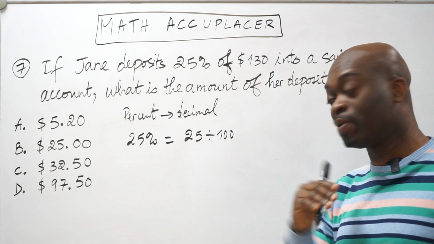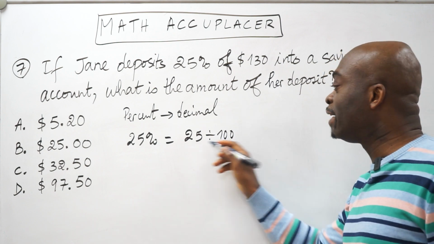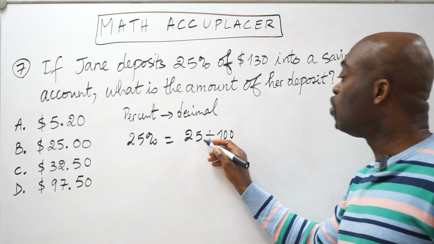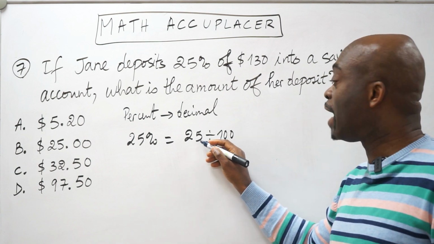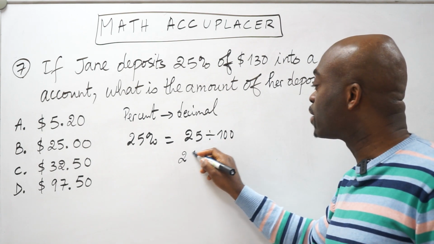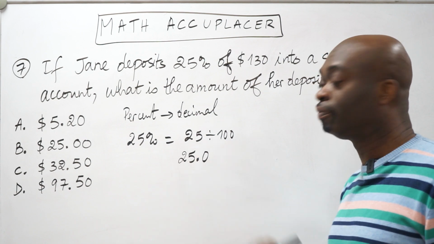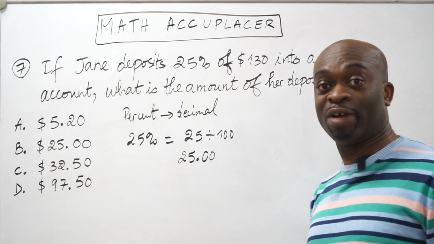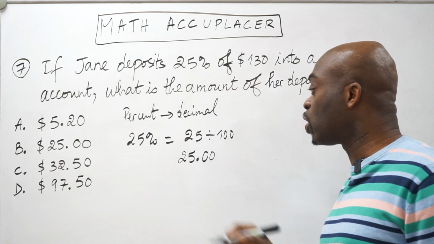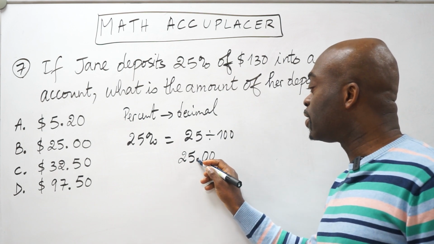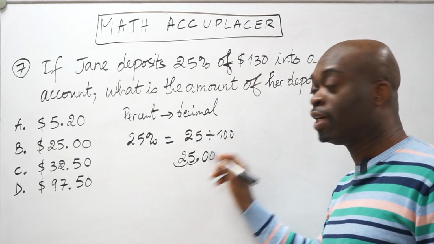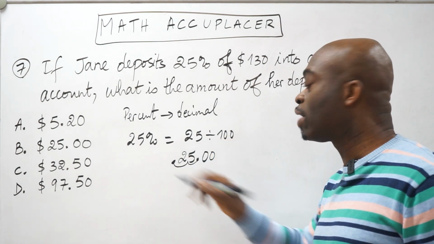So you do the opposite. Dividing 25 by 100 just means moving the decimal place, because 25 can be written as 25.00. So when you're dividing by 100, you're moving the decimal place twice to the left.